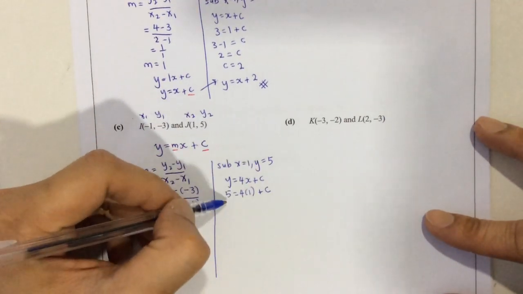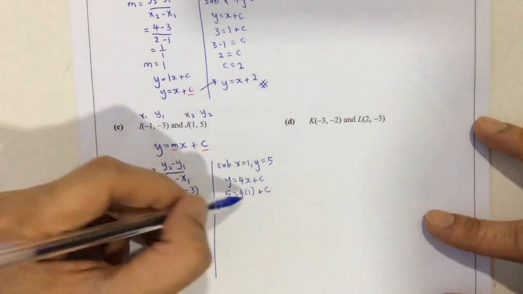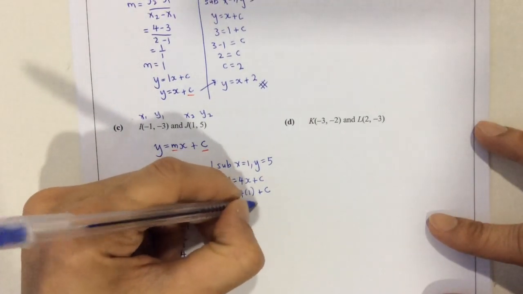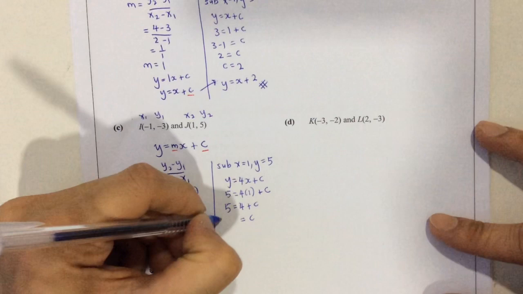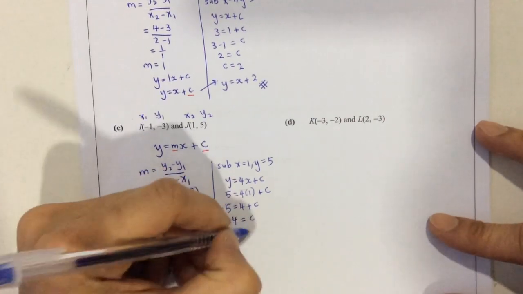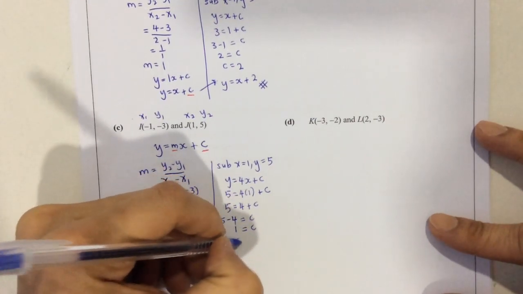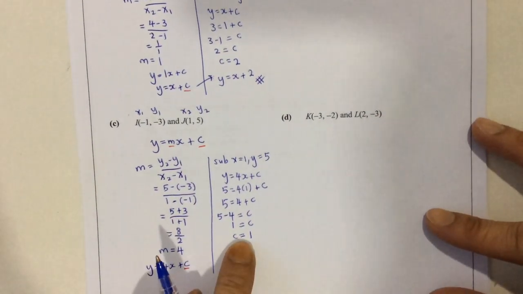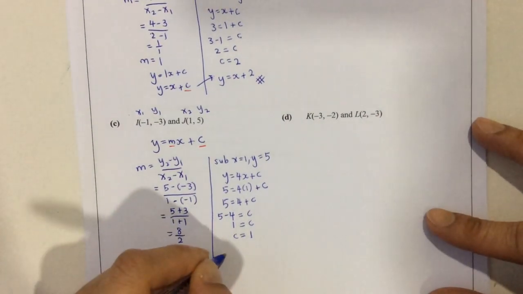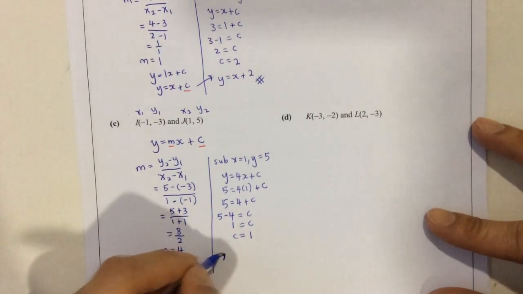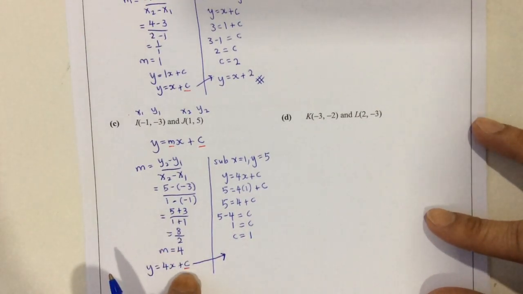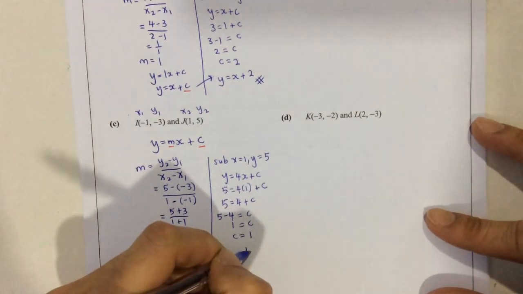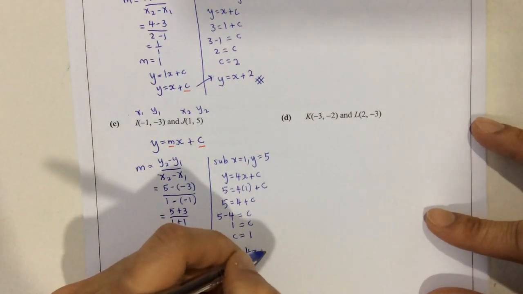Okay, so the y is 5 and the x is 1. So that will give me a value of c, and c is equals to 5 minus 4. So we have a value of c equals to 1. So now that we have c equals to 1, we can replace this c by 1. So our final answer will be y equals to 4x plus 1.